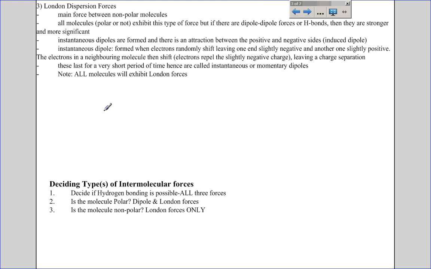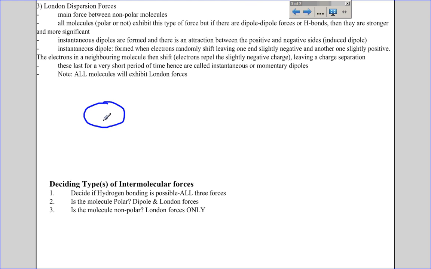Now, what we have to remember is that we've got a nonpolar molecule. So if I were to look at this molecule, there's no charge separation. So there's no slightly positive side or slightly negative side like there would be in a polar molecule. What can happen, though, is through polarization, we can form an instantaneous dipole.